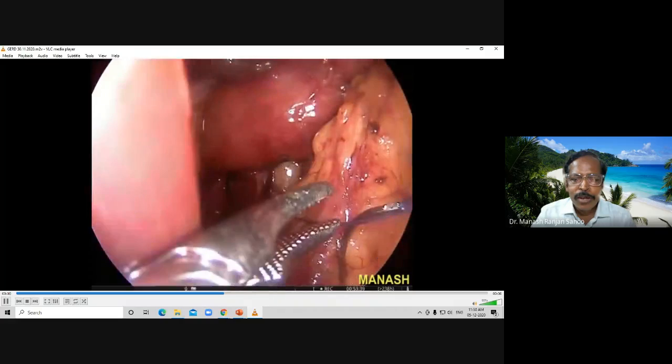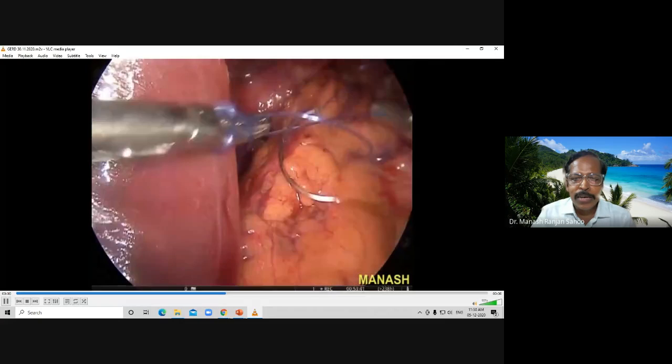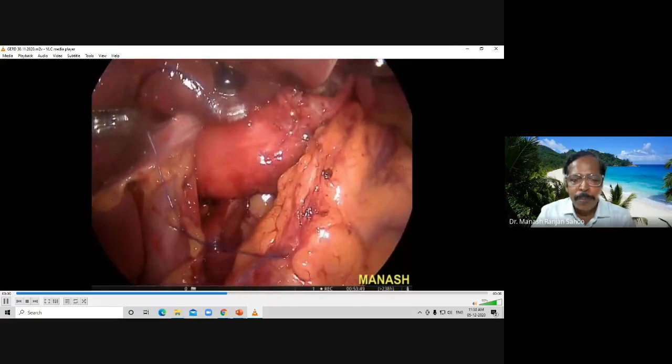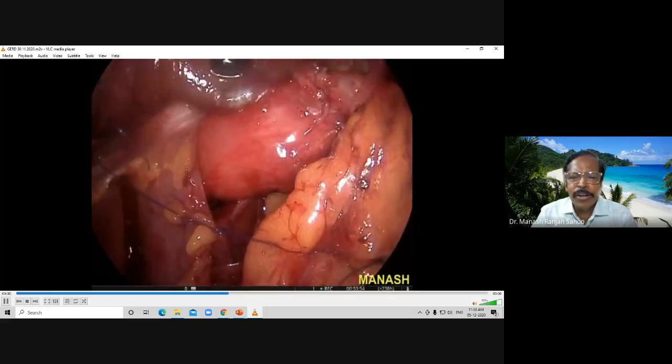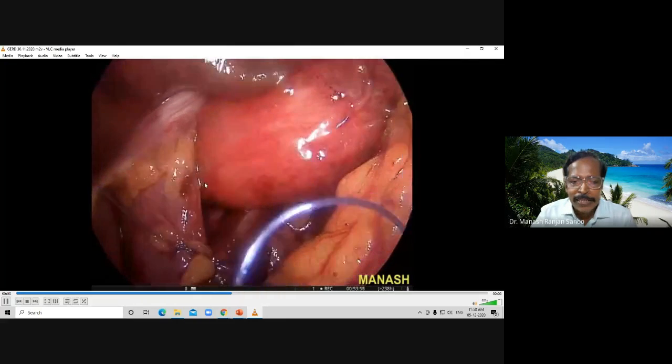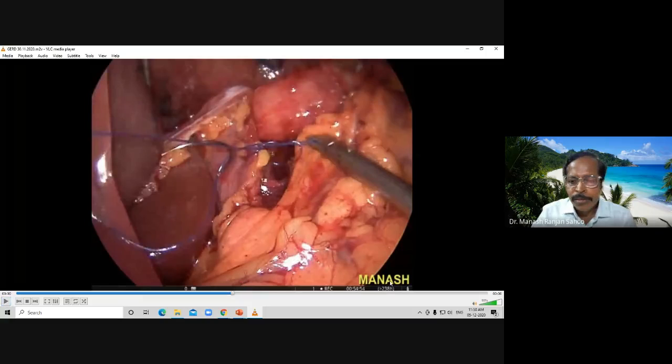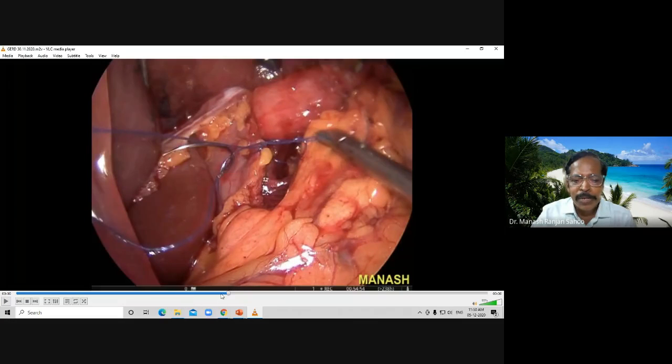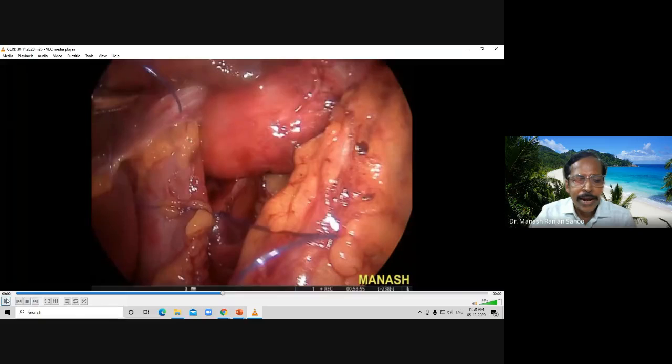So now this cruropexy, just approximate. Do not use all your might and force. And this is what I am doing exactly now. That's what I was telling before, that after approximating, I am just evaluating the tightness of the cruropexy.